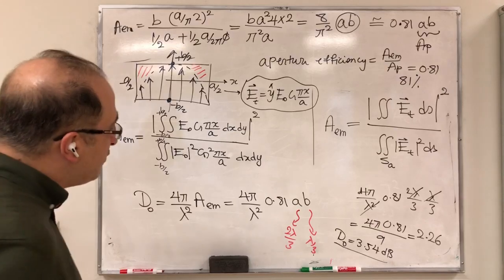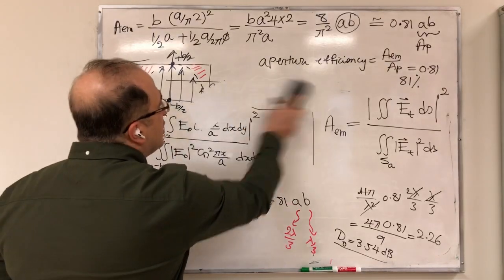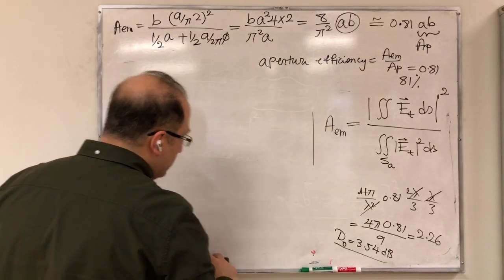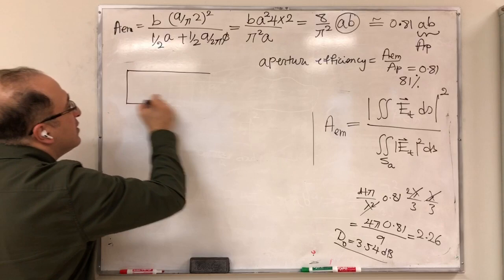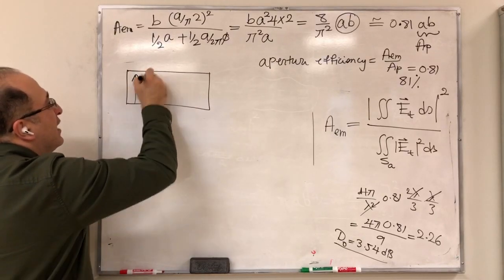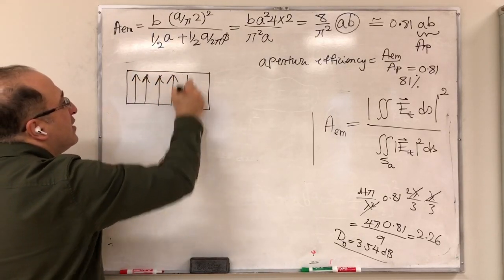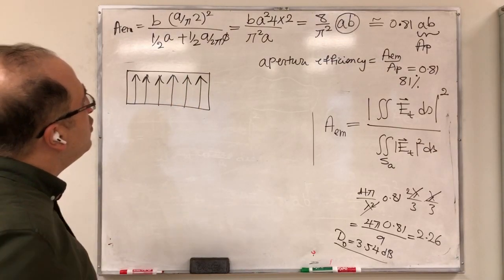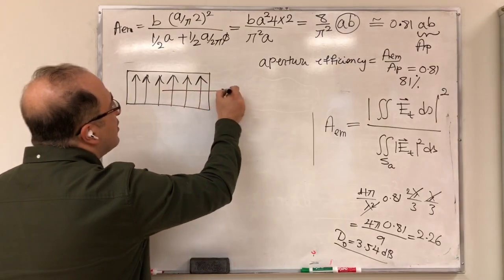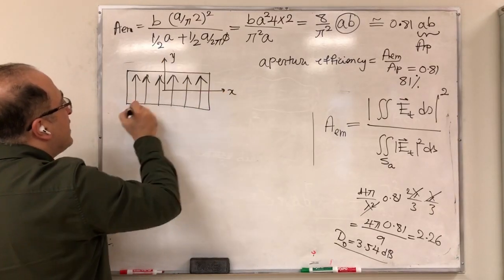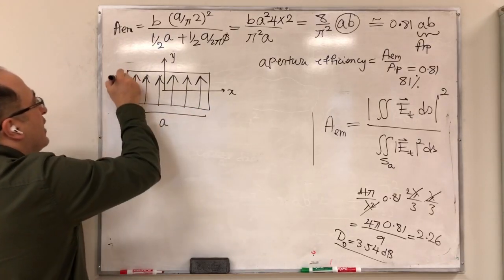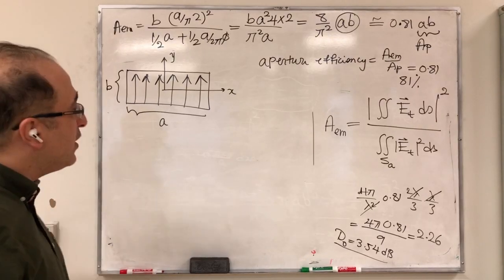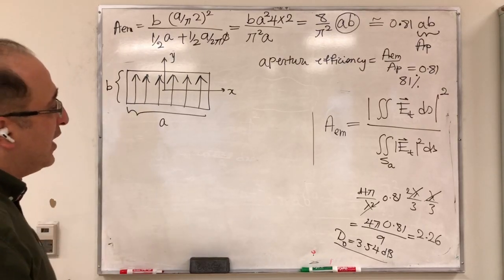And if we use the whole physical aperture, that essentially means you need to have an aperture where the electric field is completely uniform. Then you've used it completely. So if I have, for example, x here, y here, this would be my A, this would be my B, and then based on this, you might be able to get 100%.